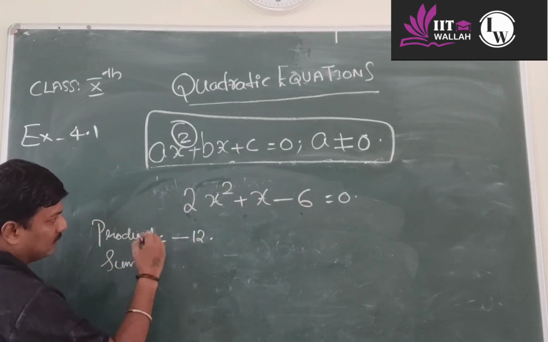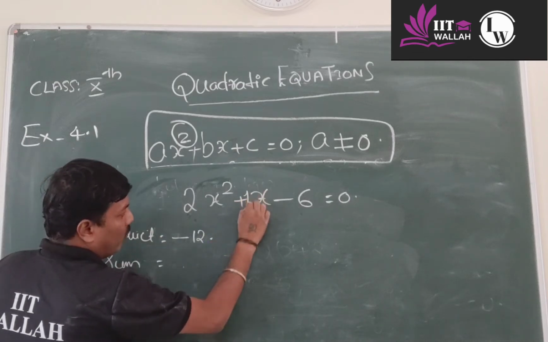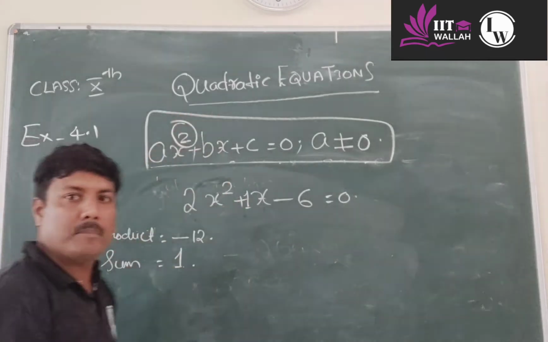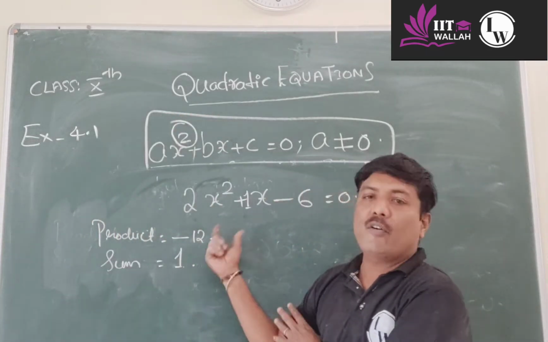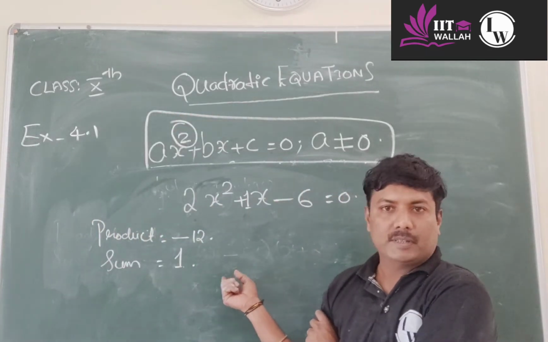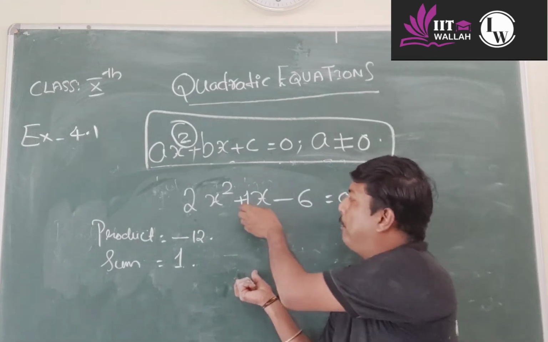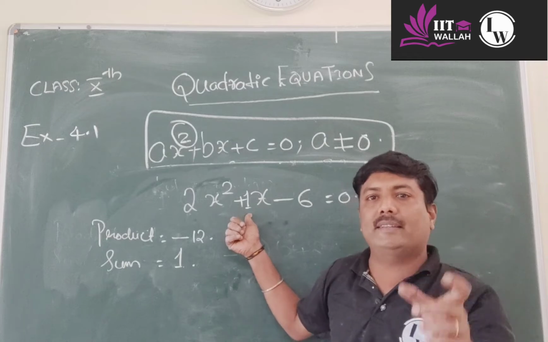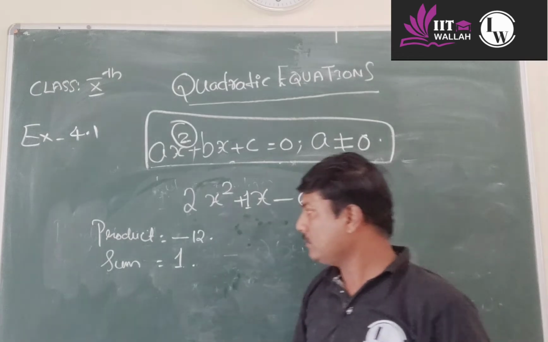The sum is the coefficient of x, it is 1. Okay, this is how we can factorize, and this method is known as the splitting the middle term method. This is the middle term. We are going to split the middle term here.